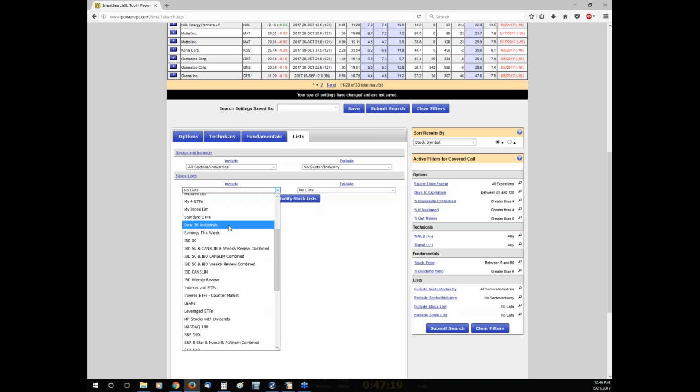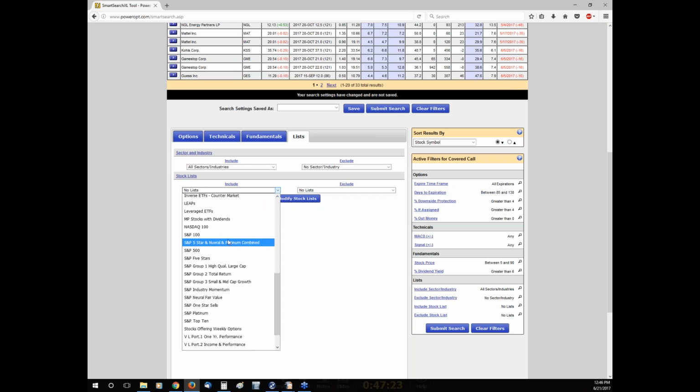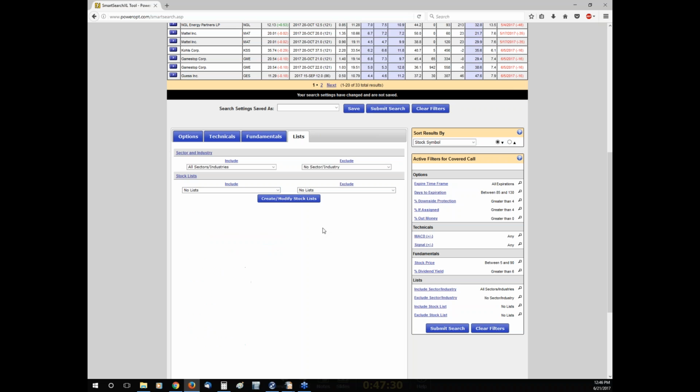We give you lists that you can use if you just want to screen against Dow 30 Industrials, IBD lists, S&P 100, the S&P 5-star lists as well, NASDAQ 100 and more.